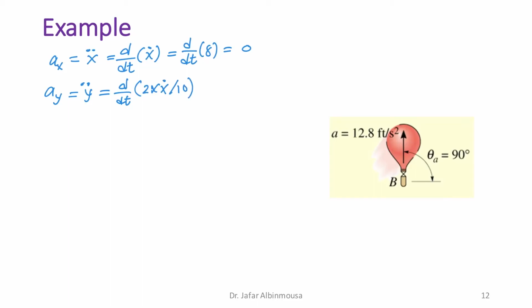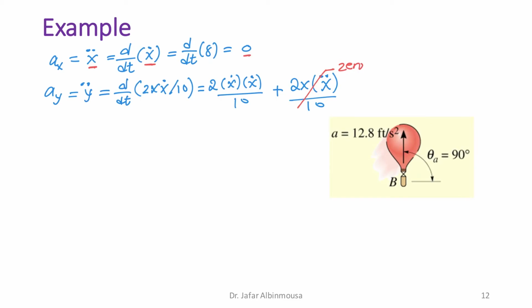Now here you need to do the chain rule, and for that you will get 2 x dot multiplied by x dot again divided by 10 plus 2x multiplied by x double dot divided by 10. Now clearly here, since x dot is 8, then we got x double dot as 0. So this one is actually 0.